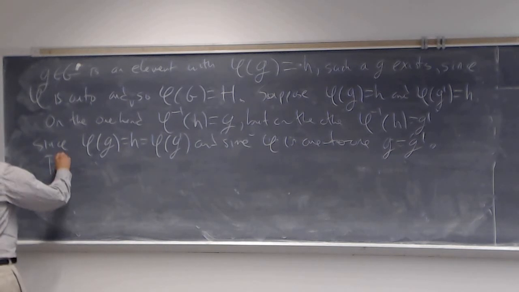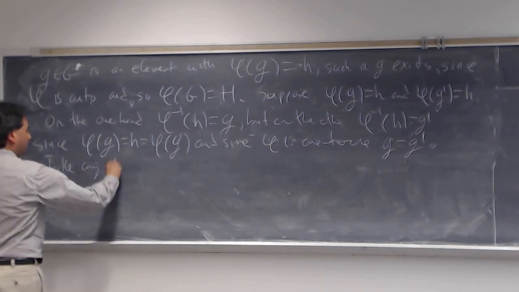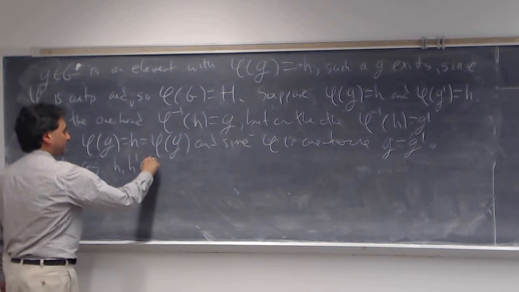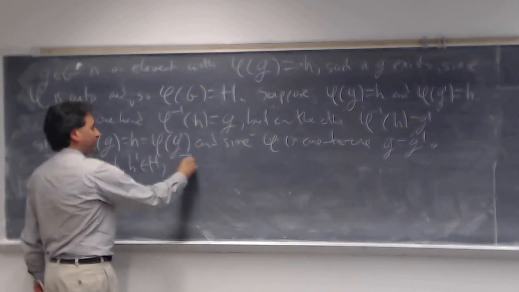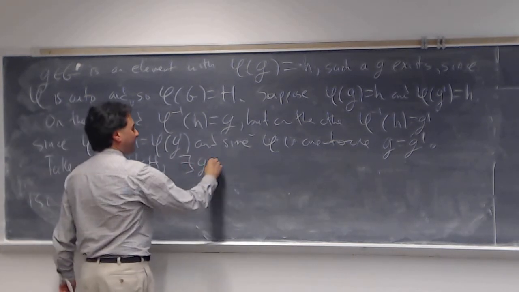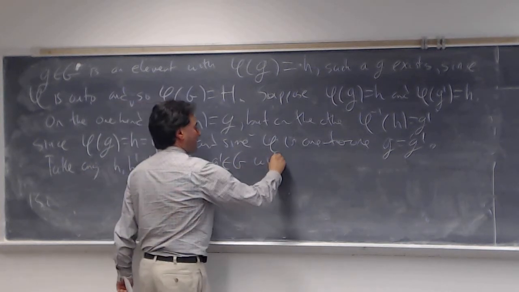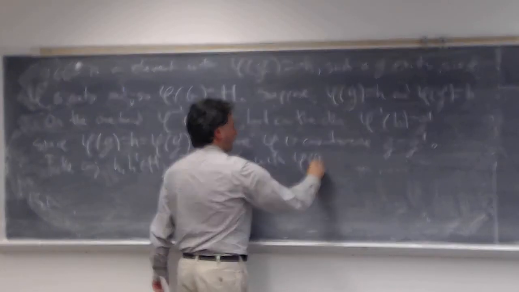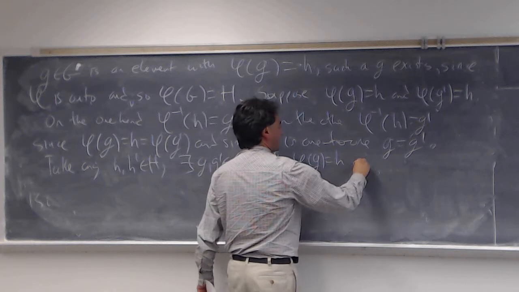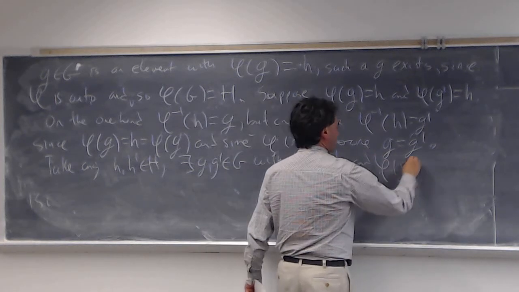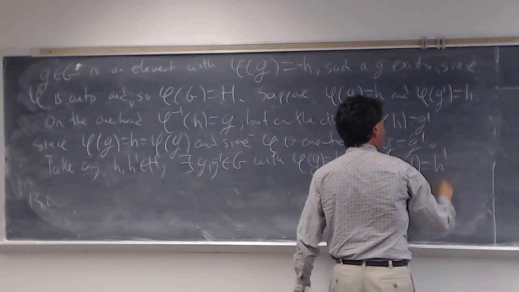Take any two elements in H. Since phi is onto, there have to be two elements in G, that phi sends to h, and the second element that phi sends to h prime.